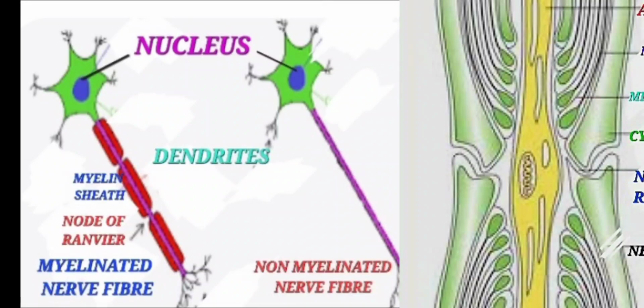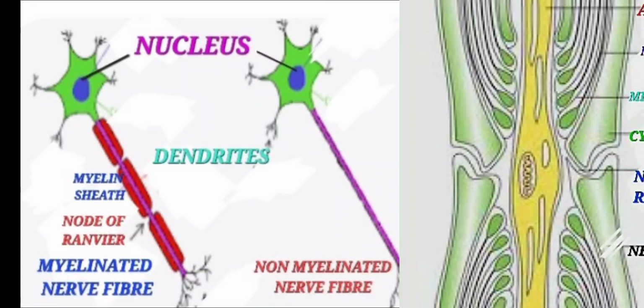There are tiny gaps between the Schwann cells where fibers are exposed or naked, and this area is called the node of Ranvier. Sometimes axon collaterals branch out from these gaps, whereas the neurons without the myelin sheath are called non-myelinated or non-medullated nerve fibers.